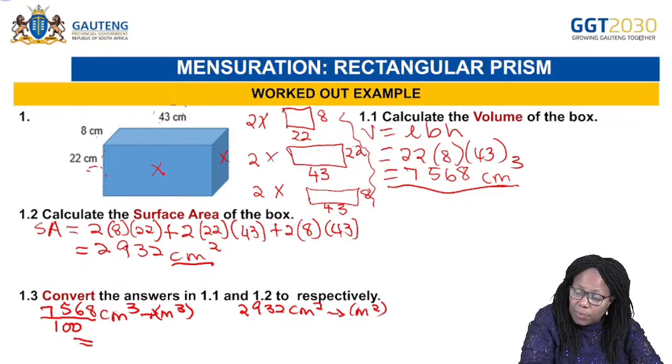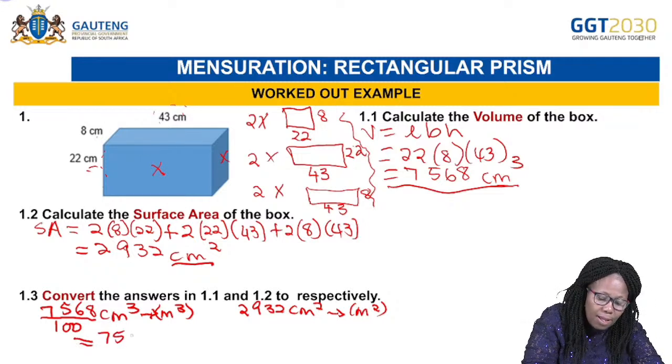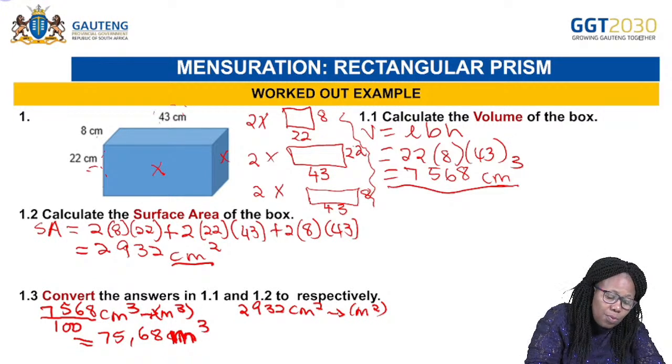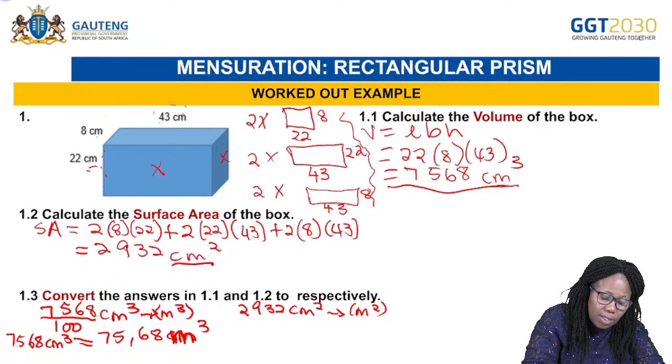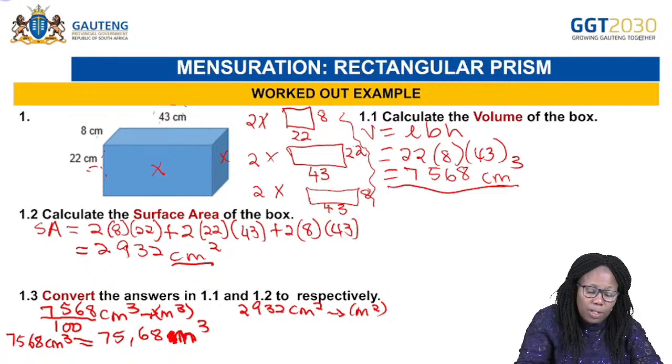This will be 0.7568 cubic meters, grade 12, not centimeters, cubic meters. And then we have taken this from 7,568 cubic centimeters.